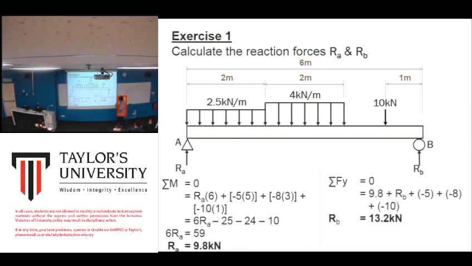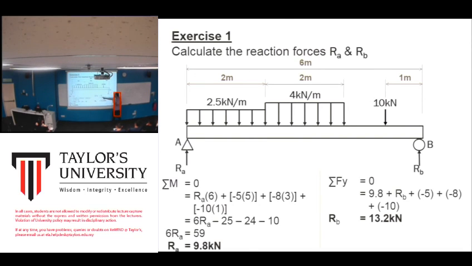Okay, 10 here, this is 10 times 1. And you solve the equation. You get 9.8. Same goes to here. The vertical loads going down, negative. Going up, positive. So RA plus RB.